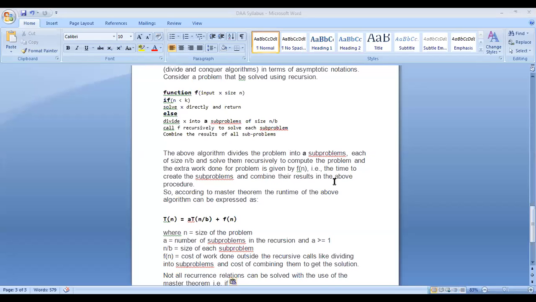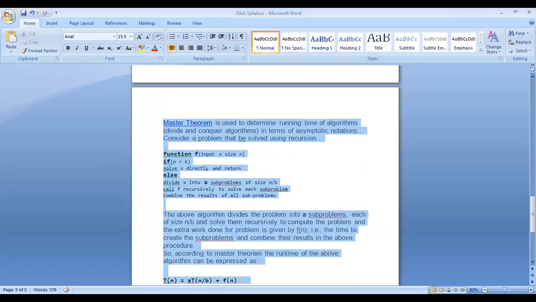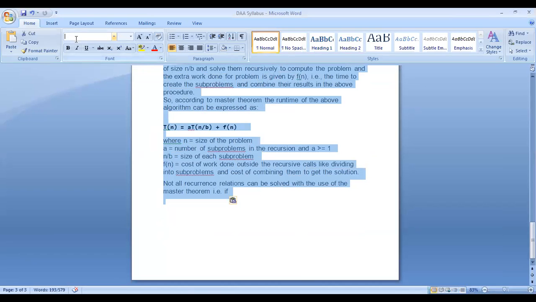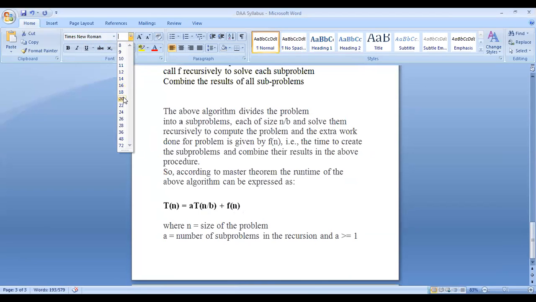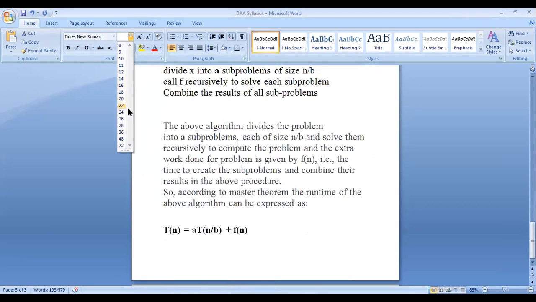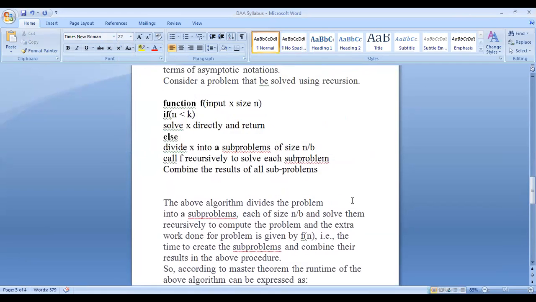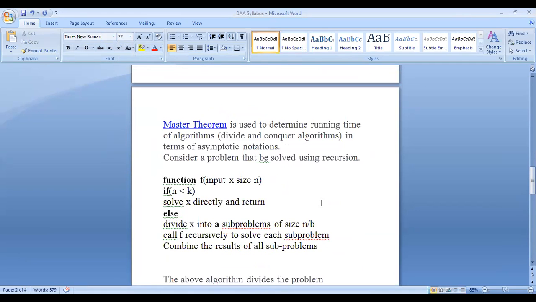See here, students, this is the master theorem. It makes it easy to determine the running time of the algorithm.